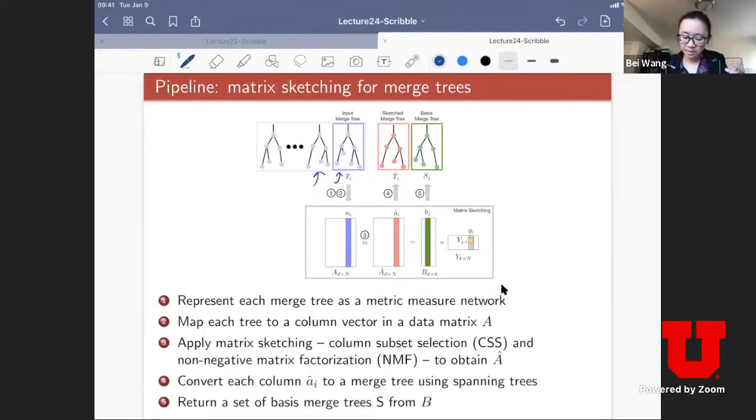So for example, if I give a very simple merge tree example, let's say this is tree 1, this is tree 2, and tree 2 and tree 1 are almost the same, except that maybe tree 2 has a little extra branch.